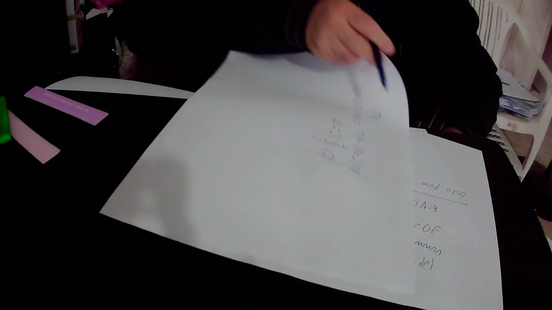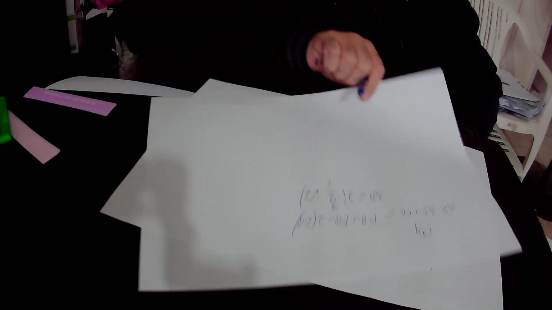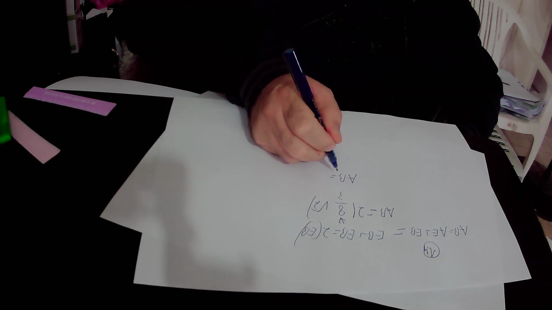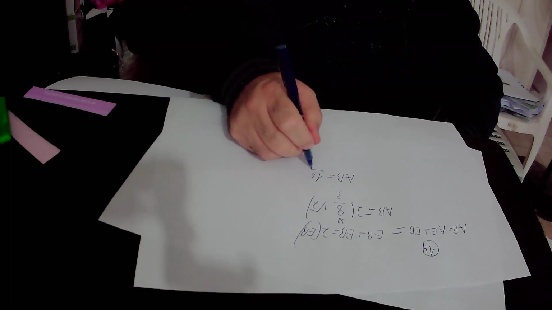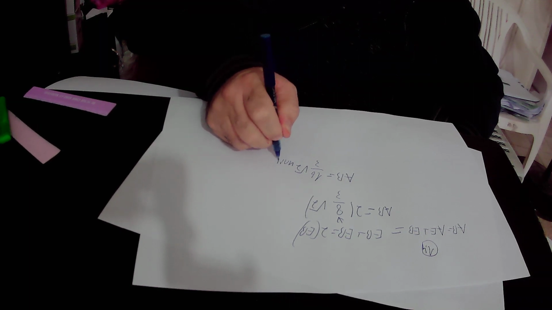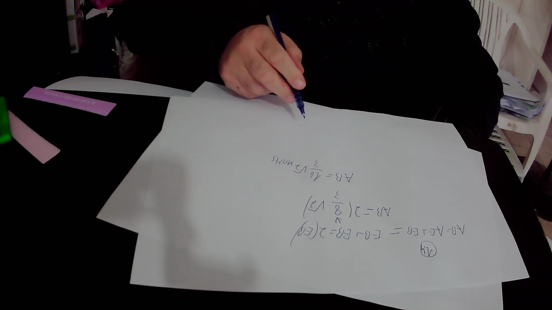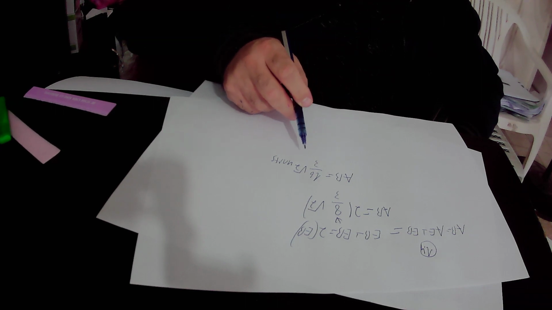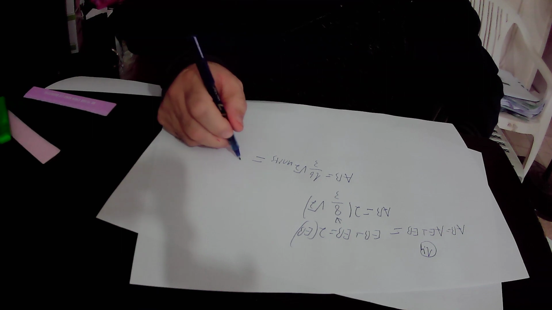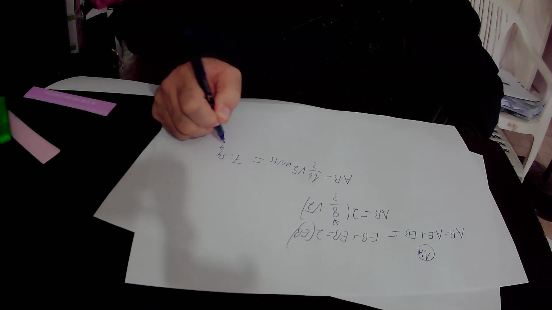So AB equals 2 times 8 is 16/3 times square root of 2 units. AB equals 16/3 times square root of 2 units. Or in terms of numbers, it equals 7.54 units.